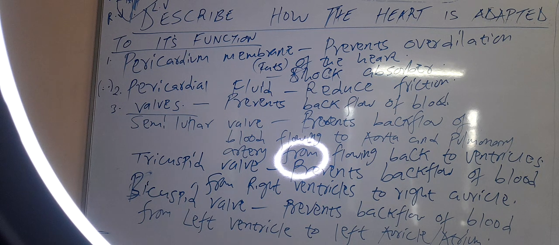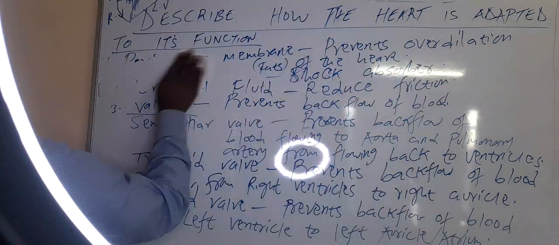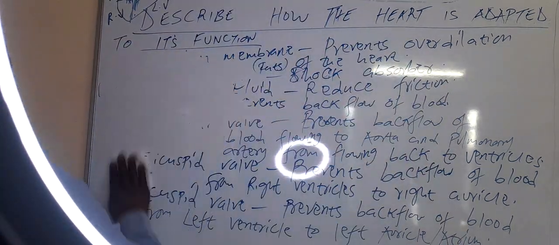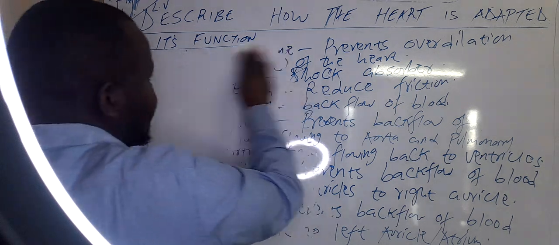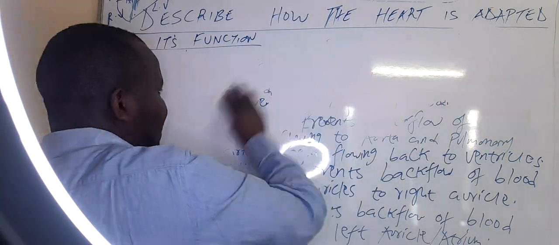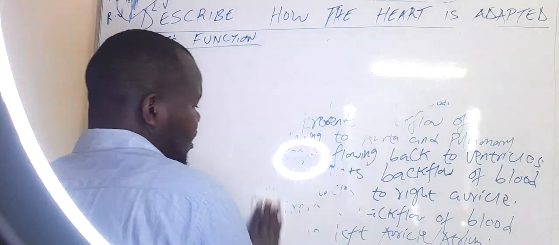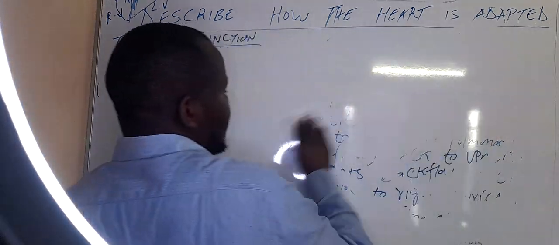Then we have the other adaptation, which is about the heart muscles. The muscles of the heart are called the cardiac muscle. The role of the cardiac muscle is to contract and relax rhythmically to pump the blood.